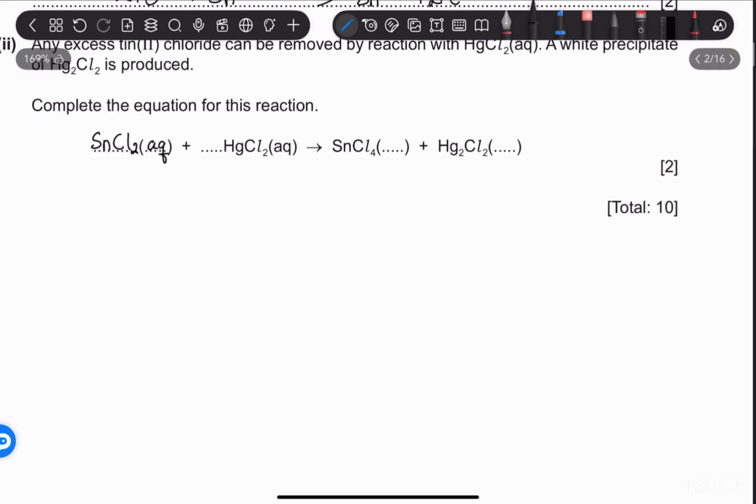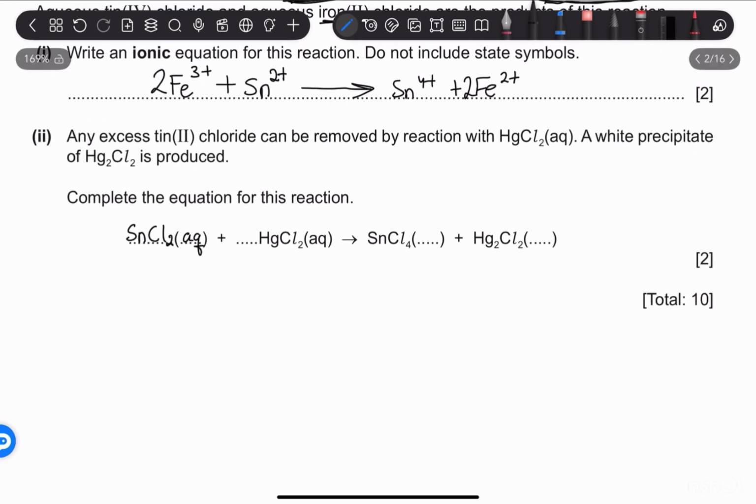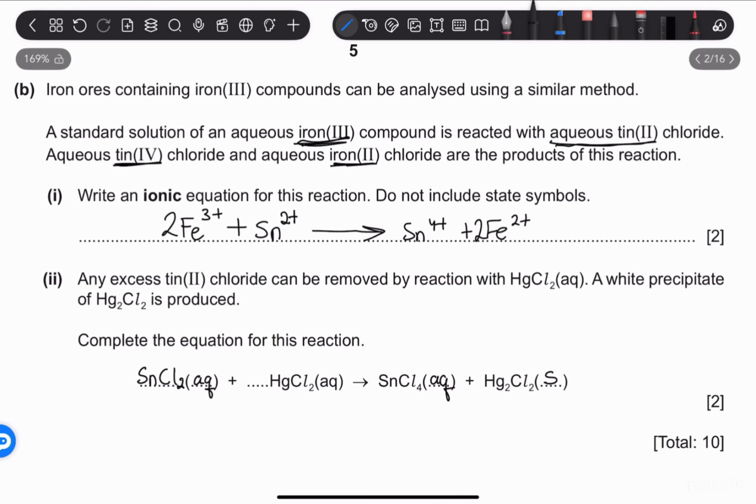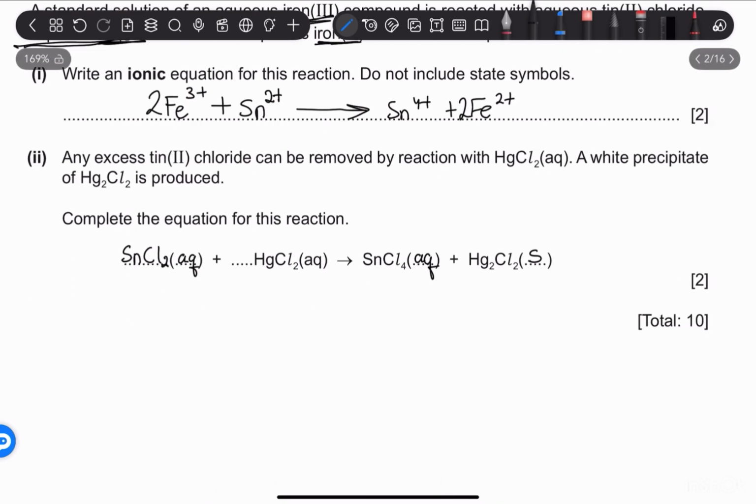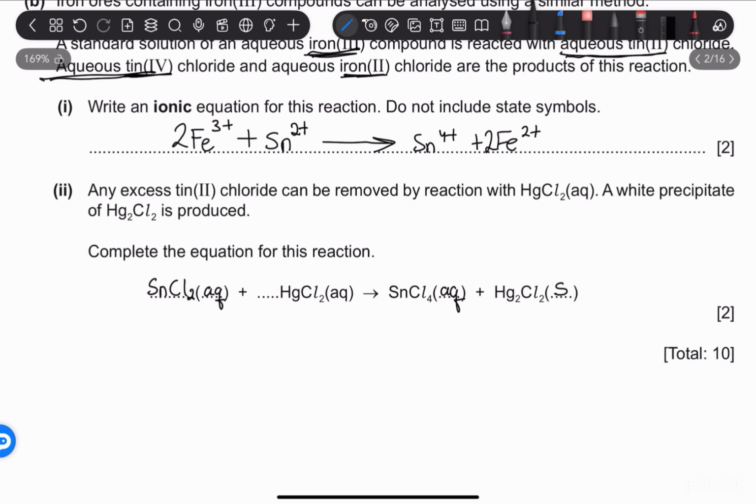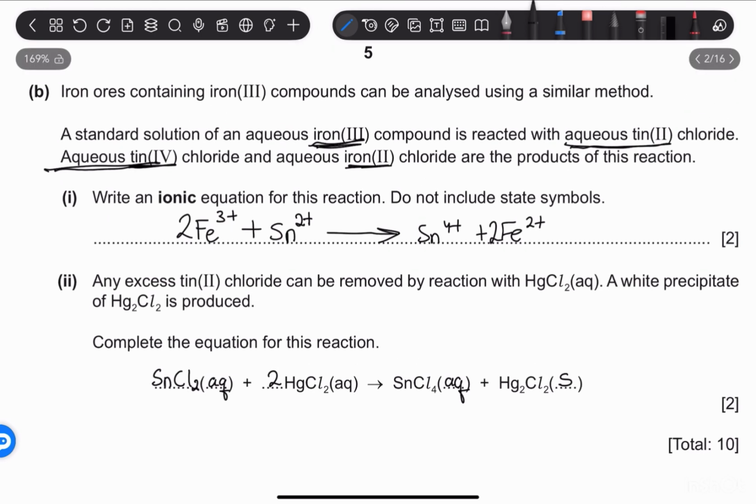We know that the Hg2Cl2 is a precipitate. Precipitates are usually solid, so I'm just going to put solid there. SnCl4 is aqueous, as said here, aqueous tin 4 chloride. And over here, we need to put 2 because there's 2 mercuries. So that completes this question.